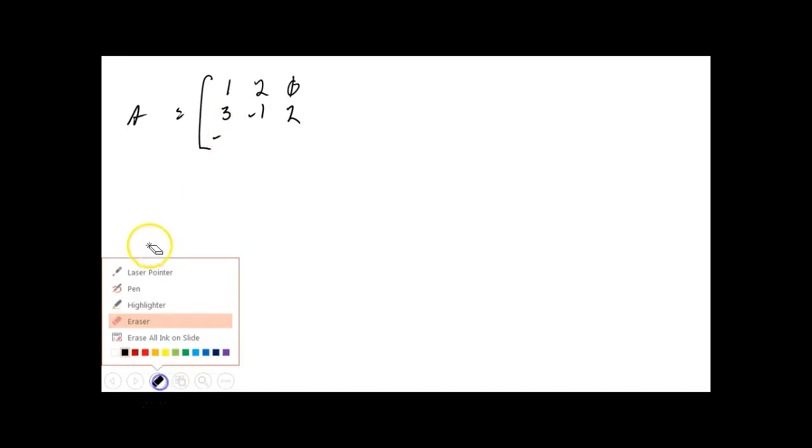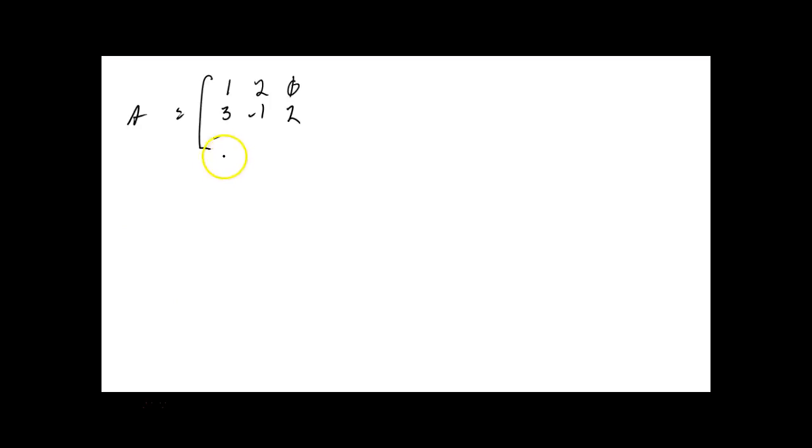Here's a matrix A, and that's 1, 2, 0, 3, -1, 2, and -2, 3, -2.